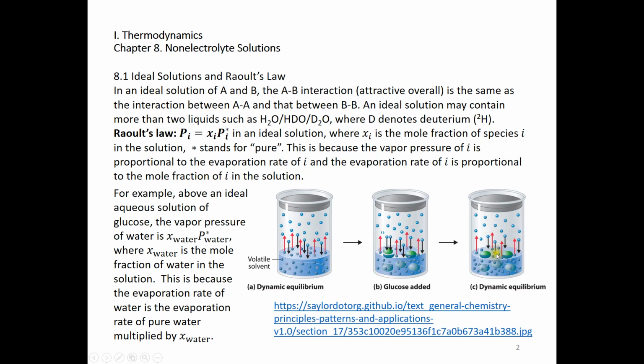That's when the condensation and evaporation are equal again, but they are now only 80% of the initial values of pure water. And that explains why the partial pressure of water on top of an ideal solution is equal to the mole fraction of water in the solution multiplied by the pressure of pure water.